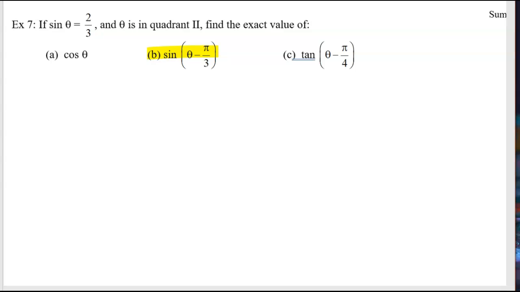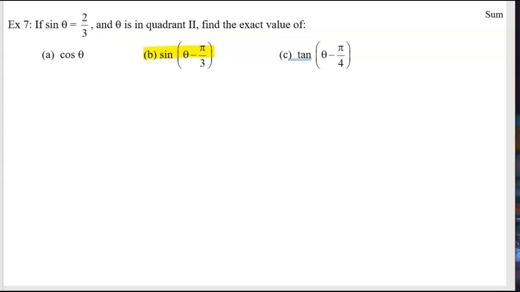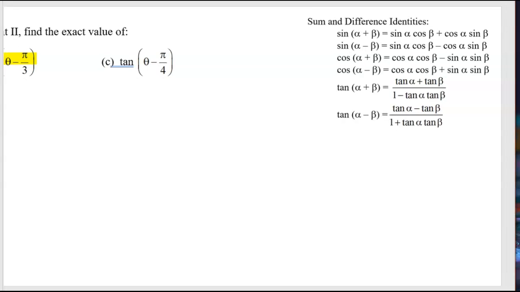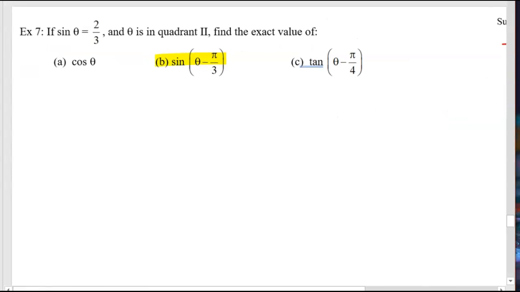For part B, if you want to pause and try this on your own, at this point you've seen everything that would help you be able to do a problem like this. We have sine of a difference. Sine of a difference is the second formula in our list: sine cosine minus cosine sine. So let's go.